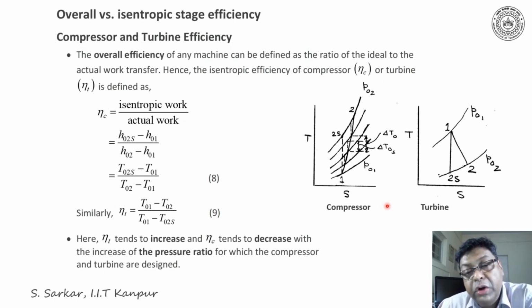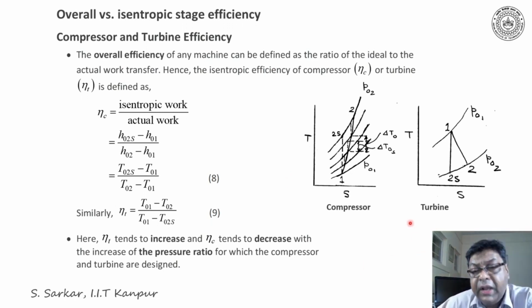Thus, 1, 2s represents the isentropic compression and 1, 2 represents the actual compression, where del T0 indicates the temperature rise in a stage and the corresponding isentropic temperature rise is represented by del T0s.